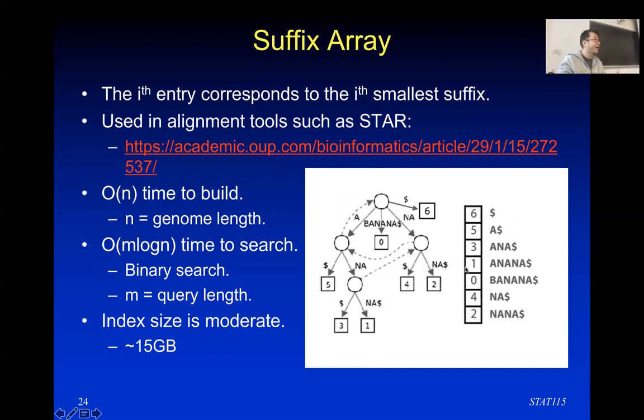So we know ANA can start in the first half of the suffix array, and then we can compare that to this suffix, and ANA is greater than this one, so we can just look at the other half. So we look in a smaller and smaller range in the suffix array, and then we can identify this query. For ANA, in the end, we will see these 2 positions in the suffix array have these 2 suffixes starting with ANA, and their coordinates on the reference genome can be read directly from the suffix array.